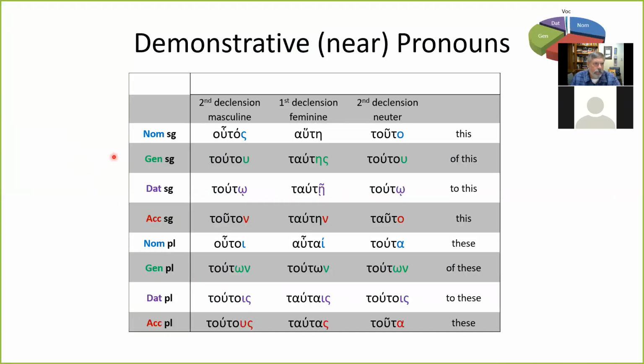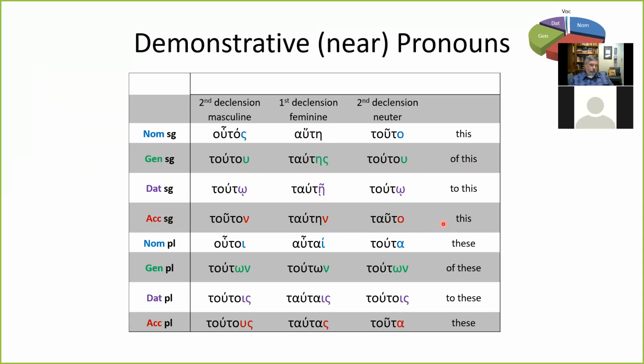And what we looked at were the near pronouns. The nominative, genitive, dative, accusative singular: houtos, haute, touto, meaning this; toutou, tautes, toutou, of this, in the genitive; in the dative, toutoi, taute, toutoi, to, with, or in this; and the accusative, functioning as the direct object, touton, tautēn, touto, meaning this.